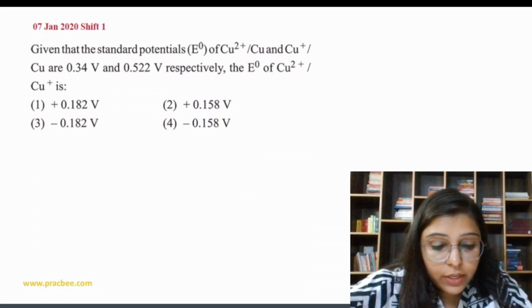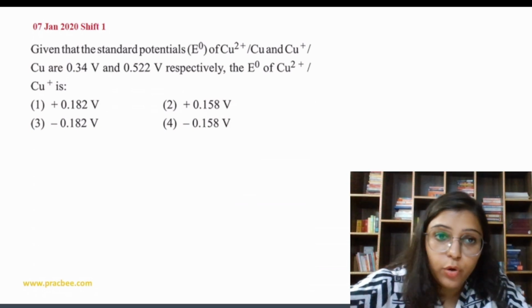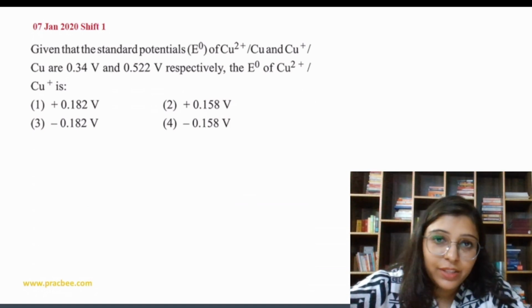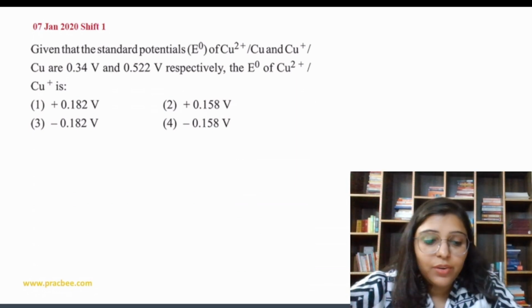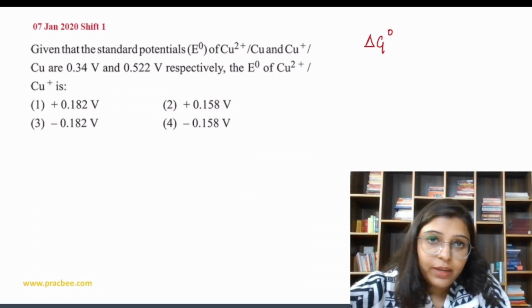Given that the standard potentials of Cu2 plus to Cu and Cu plus to Cu are 0.34 and 0.522 volt respectively, we have to find E naught for Cu2 plus to Cu plus. How to do this? Obviously we have to find the delta G naught values, right?